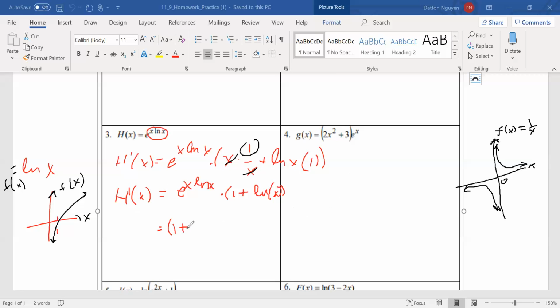It'd be 1 plus natural log of x times e to the x natural log of x. So that's what I have to do there. Notice what rule did I use here? I used a product rule because I have two functions, x and natural log of x.